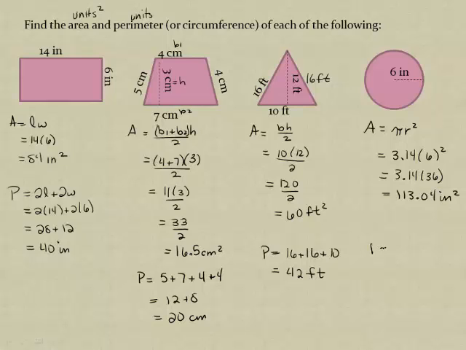Our perimeter is either pi d or 2 pi r. Since I have radius, I'm going to do that. Again, pi is 3.14, so I have 2 times 3.14 times 6, and that'll give me 37.68 inches.